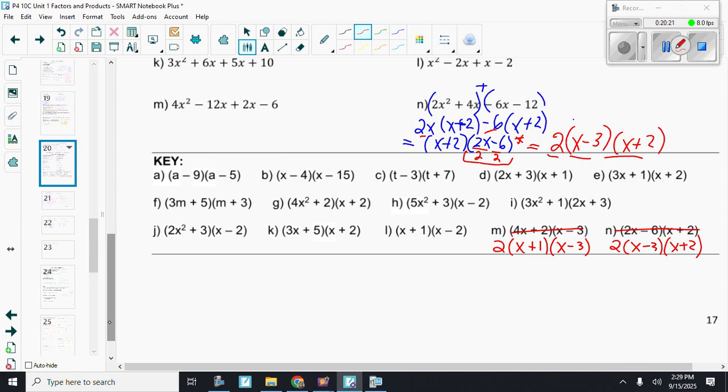There. Okay, and this one. Whoops, not a 4, that should be a 2. That looks like a minus. Let me just clean it up. There.